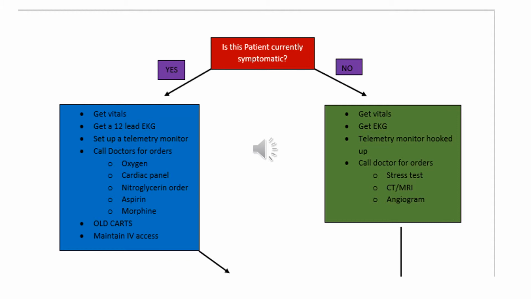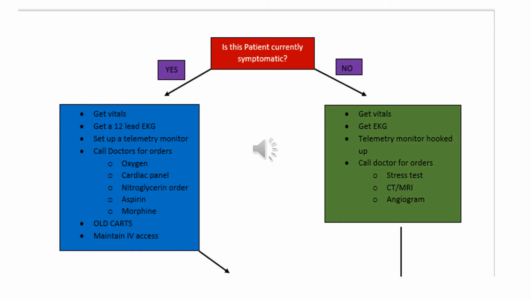Those are actually considered MONA. It's just a short little thing that we're able to say on the floor. We'll be doing OLD CARTS to figure out the pain, and then we're also going to make sure that we maintain that IV access so that we are able to use it if needed.